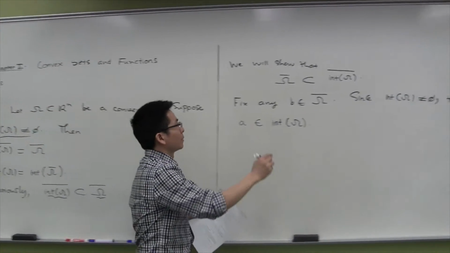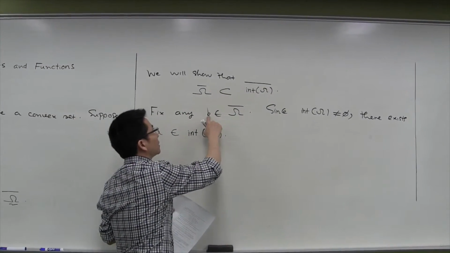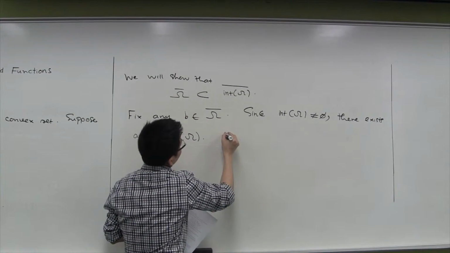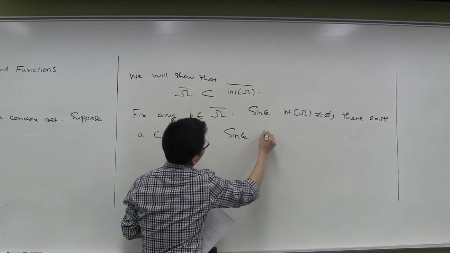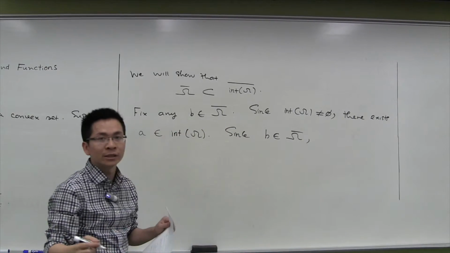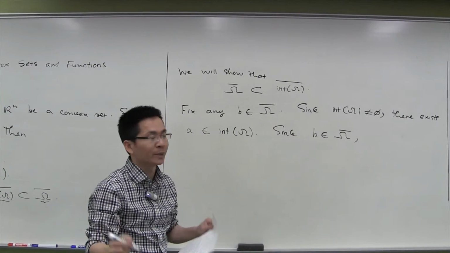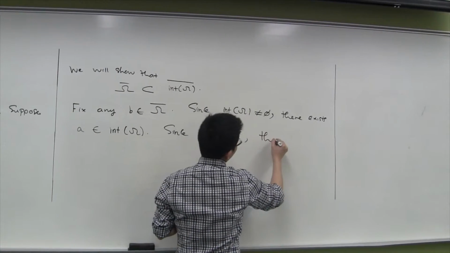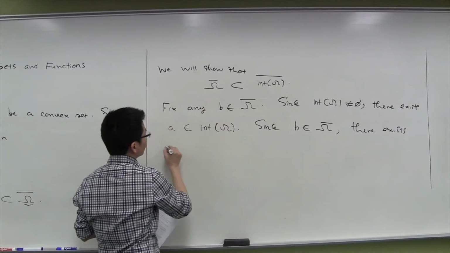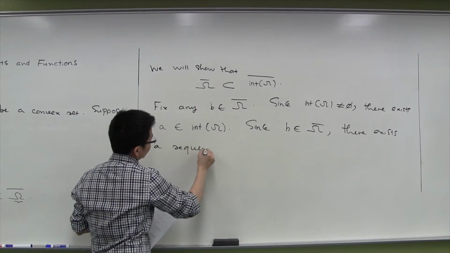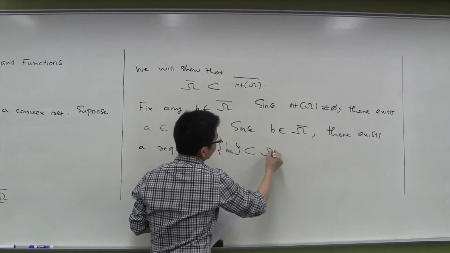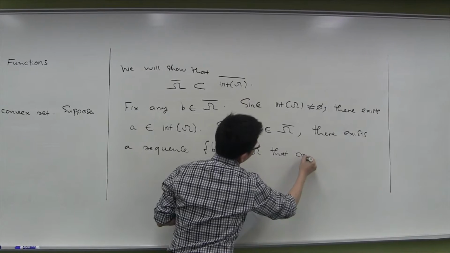Now, as B is in the closure of omega, we can find a sequence in omega that converges to B. There exists a sequence B_k in omega that converges to B.